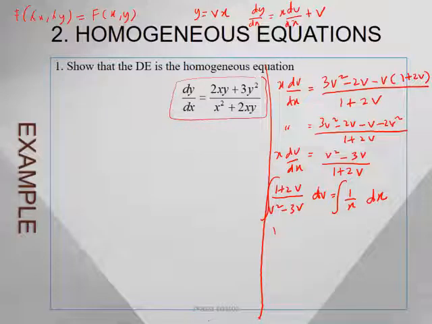So 1 plus 2v over v minus 3 dv equals 1 over x dx. So any idea how do we integrate this? So we can use partial fractions, right?